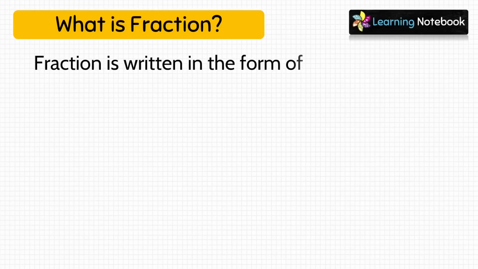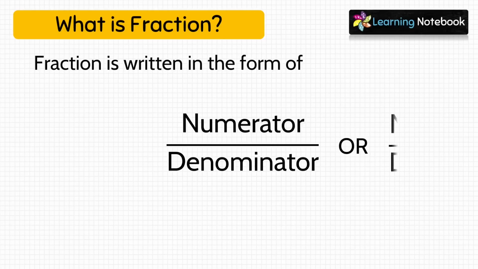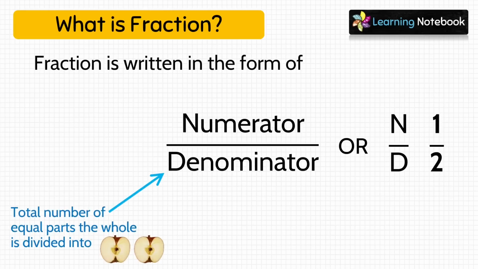Fraction is written in the form of numerator upon denominator, or we can say n by d. So what is denominator? It is the total number of equal parts the whole is divided into. So in the example of apple, denominator would be 2 as the apple was divided into 2 equal parts.